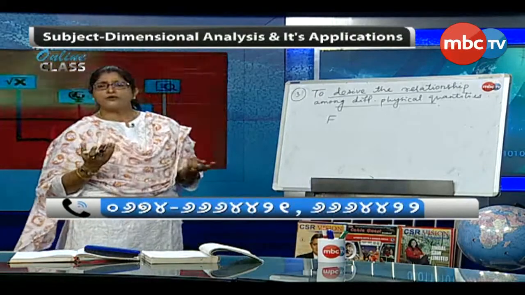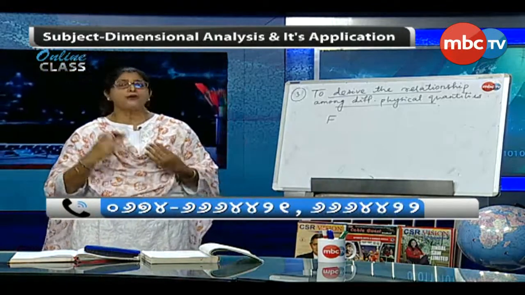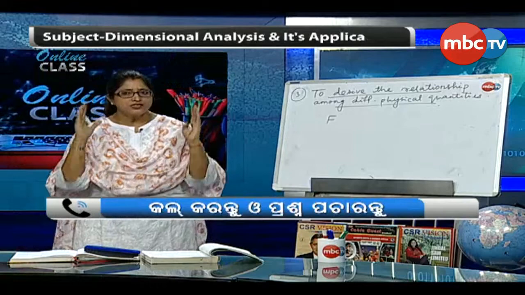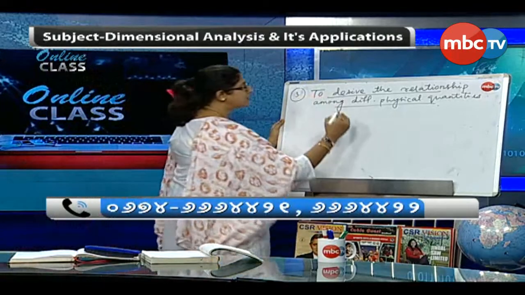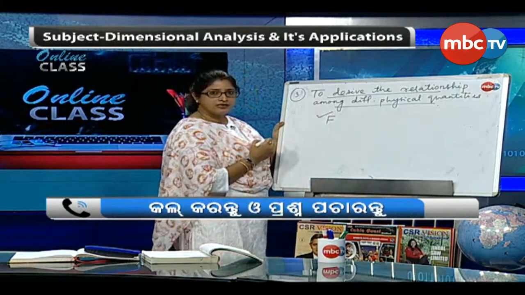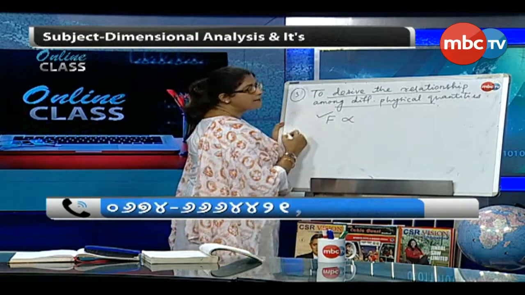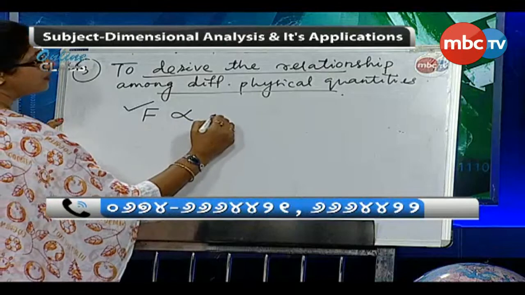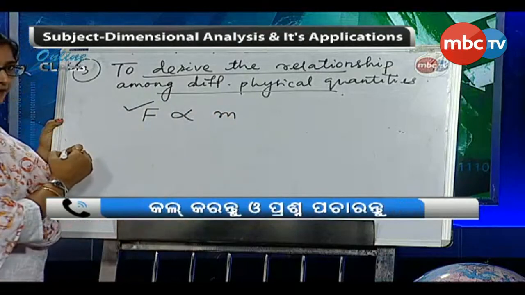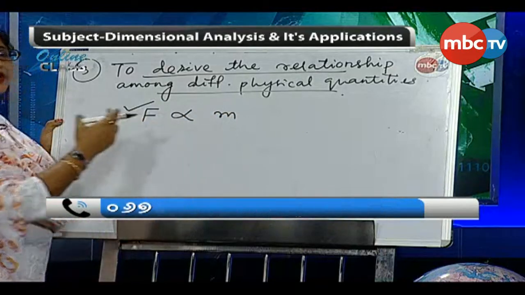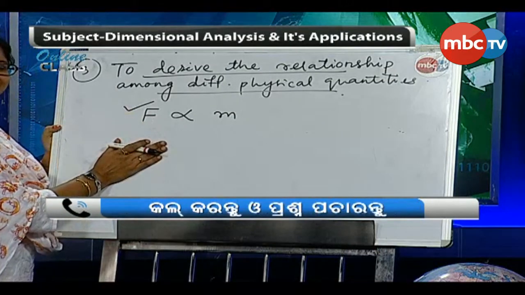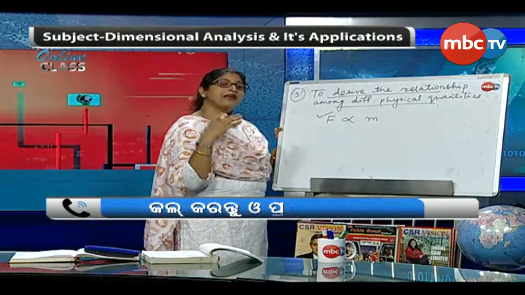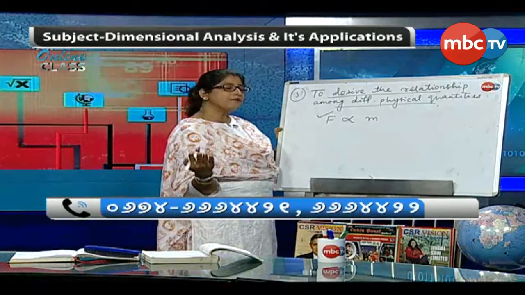But we do not know how it depends. So let us assume that it depends directly like this. Let us assume that the centripetal force depends on the mass of the body m, but how, we do not know. It also may not depend; here it depends obviously, but in some cases it may not. How will you come to know?